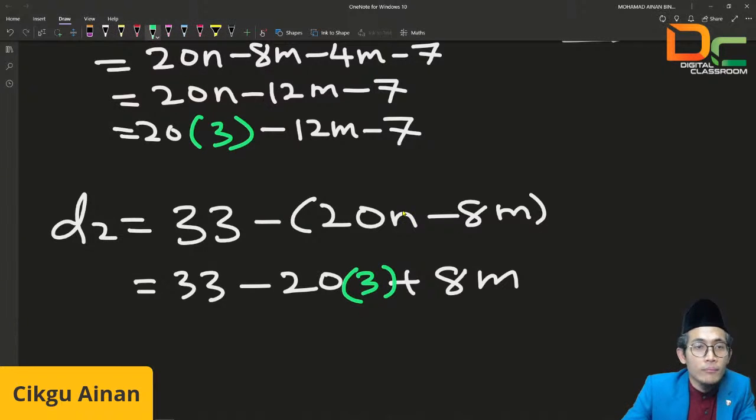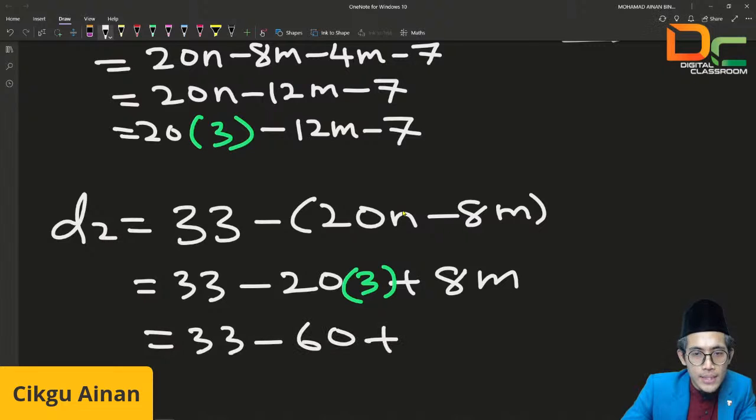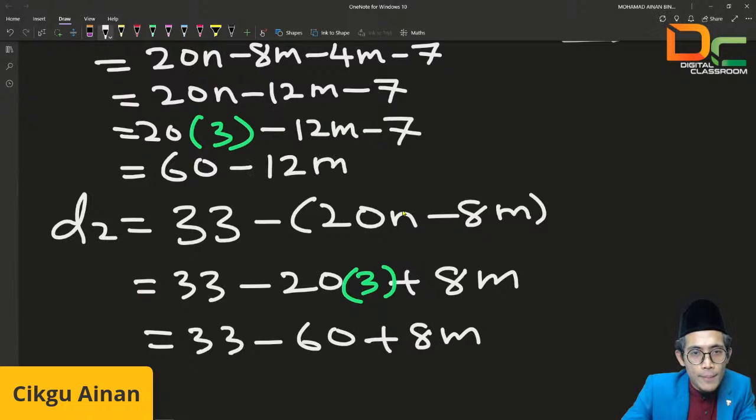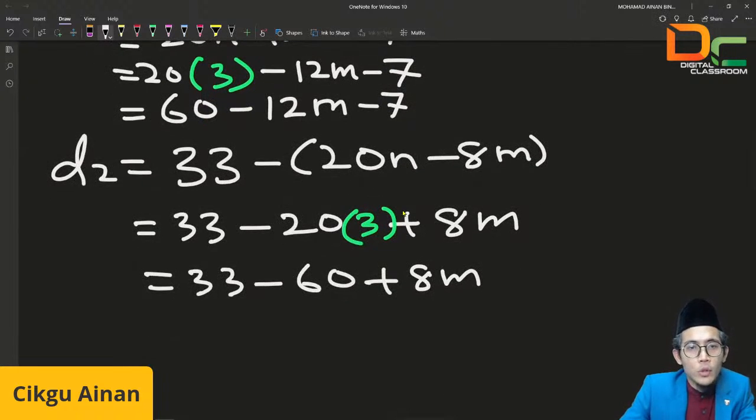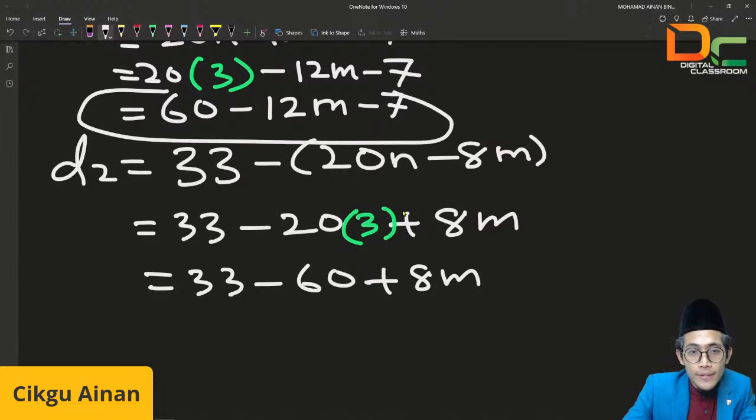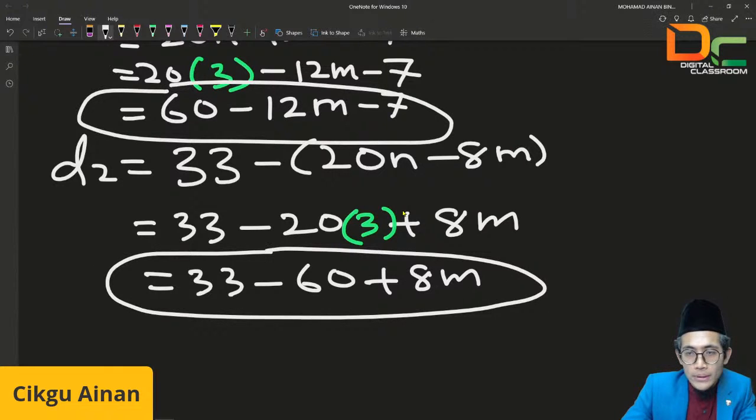Replace right away. So this one is 33 minus 60 plus 8m. This one is 60 minus 12m minus 7. So this one is the first common difference, this one is the second common difference.